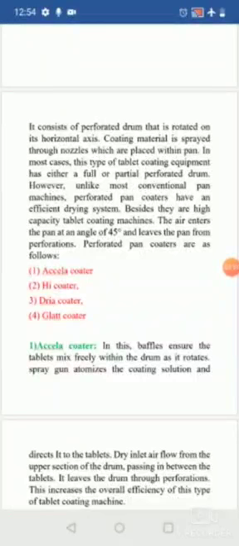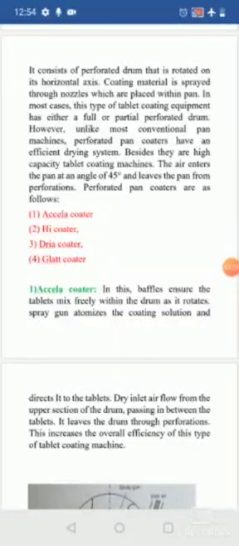The spray gun atomizes the coating solution; the sprinkler system breaks the bigger droplets into smaller droplets, and directs that solution onto the tablets.